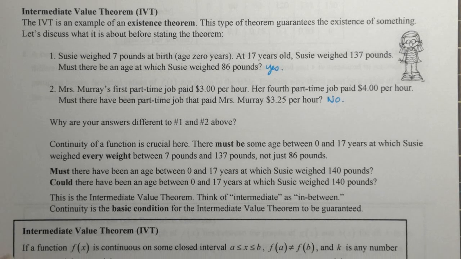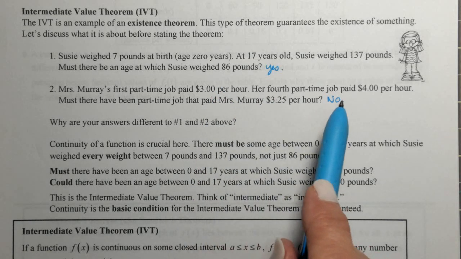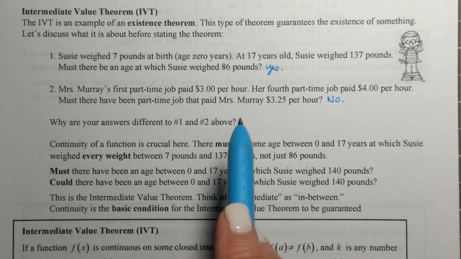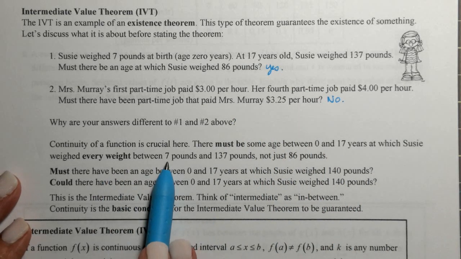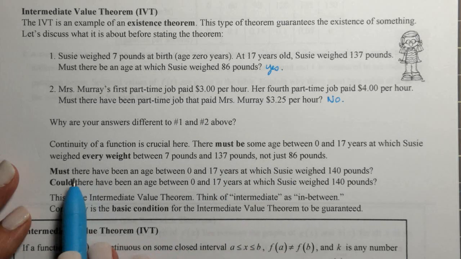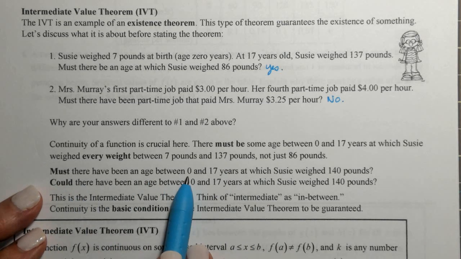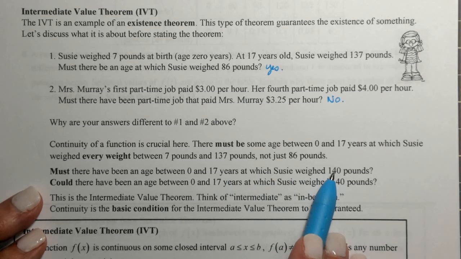And there's nothing magical about that 86. We could have said 96. We could have said 106. We could have said 42, right? We could have said every weight between 7 pounds and 137 pounds, right? Now, must there have been an age at which Susie weighed 140 pounds?